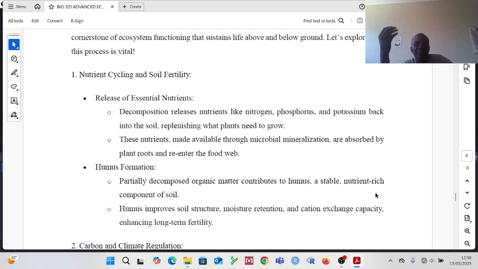Humus formation, the breakdown, the partially decomposed organic matter will contribute to humus. Humus is stable, is nutrient rich as a component of the soil. So therefore the humus will improve not only the soil structure, the moisture retention, but also the cation exchange capacity, which then in the long term will enhance soil fertility.